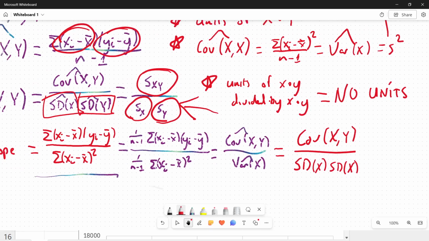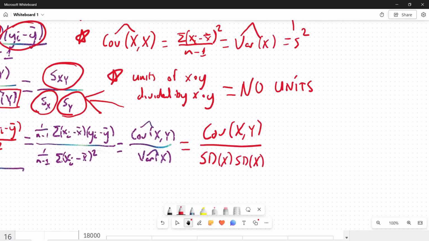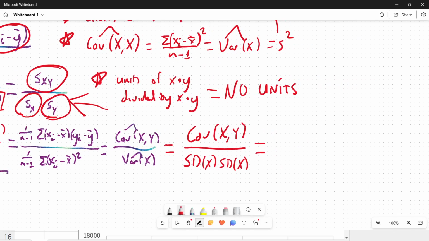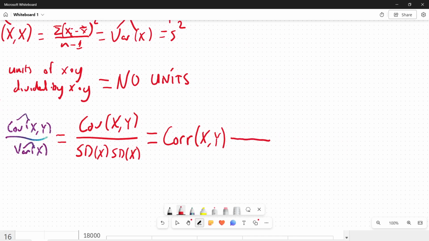And I'll give this thing one more name in reference to correlation. Correlation is the covariance of x and y divided by the standard deviation of x, and then the standard deviation of y. If I take that and say that's correlation of x with y multiplied by a fraction, the standard deviation of y over the standard deviation of x.